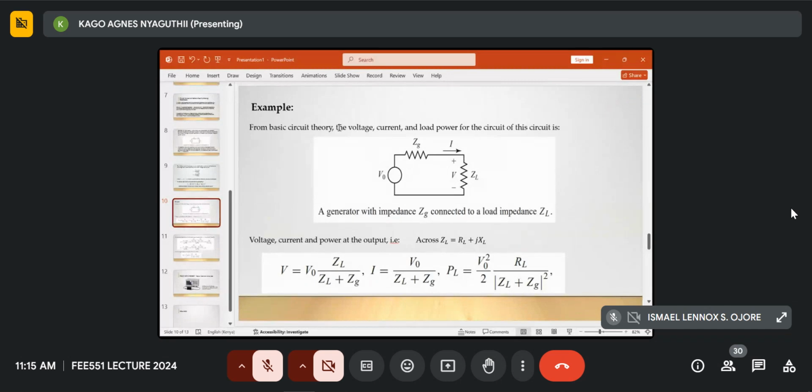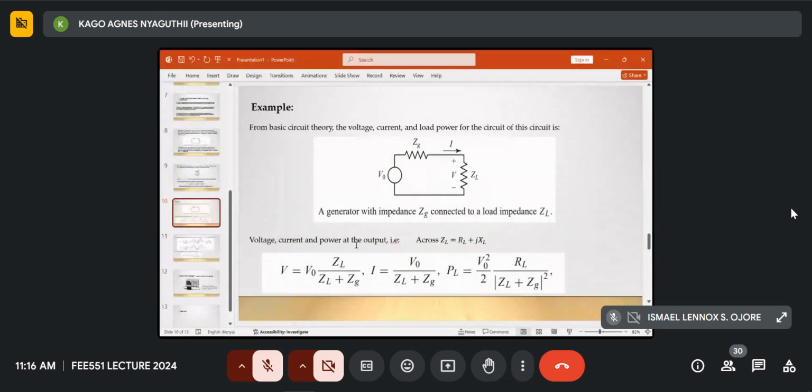An example, or rather an illustration, to show that the formula works. From basic circuit theory, the voltage, current, and load power for the circuit shown, connecting the signal generator to the load directly, is given as follows. The voltage across the load is given as V naught L over ZL plus ZG.